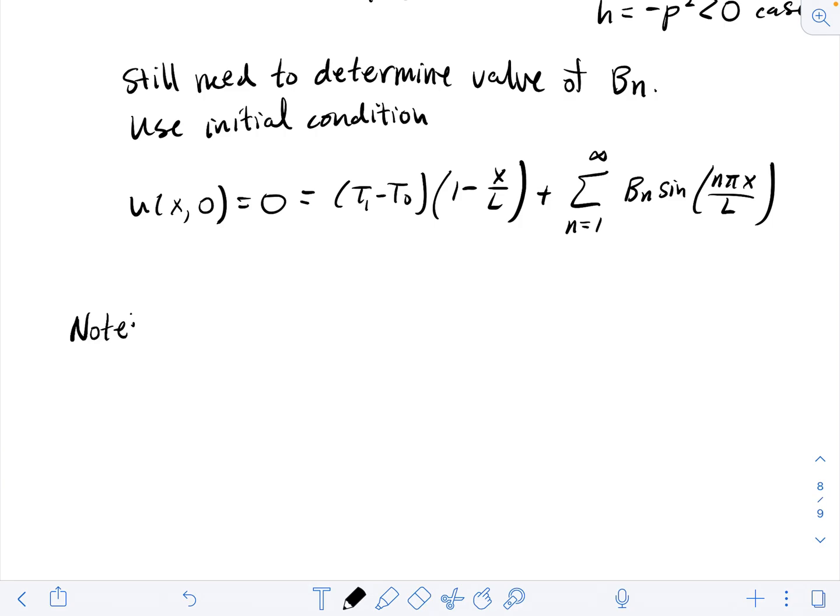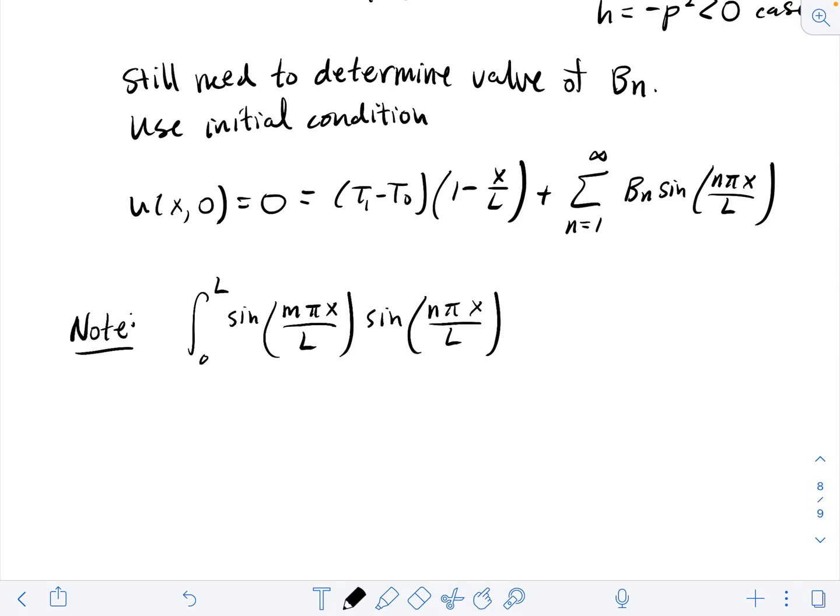When you do a Fourier series analysis, you make use of the fact that if you take a product of trig functions with this integer condition, with two different integers n and m, and we integrate, that's going to be equal to L over 2, but only when n and m are equal to each other and we assume that they're not 0.